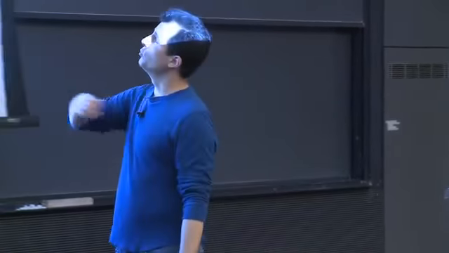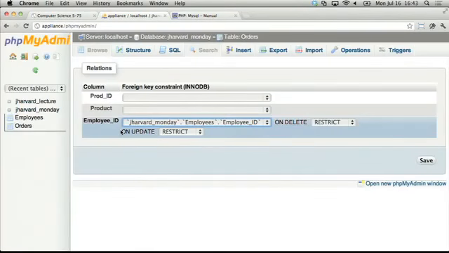Well, now you can set up rules for onDelete and onUpdate. In other words, by restricting this field in this way, I can now prevent developers, myself included, from deleting this employee from the database. Why?